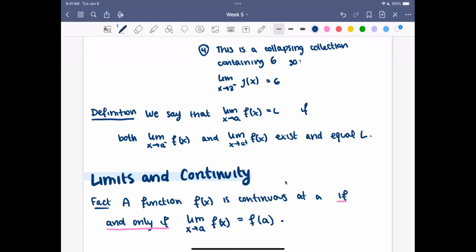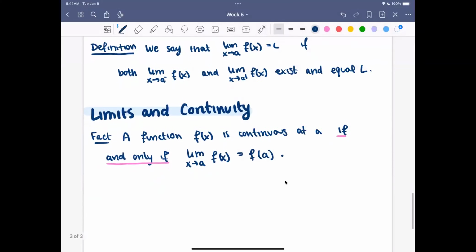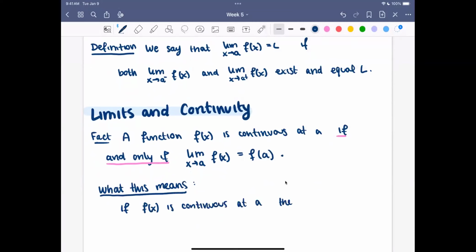So let me write down what this means. If f of x is continuous at a, then the limit as x approaches a of f of x is equal to the value f of a.